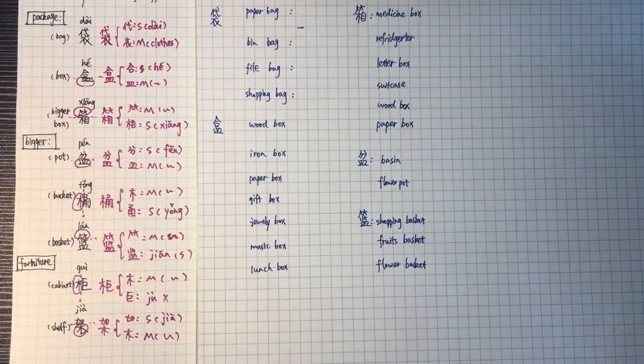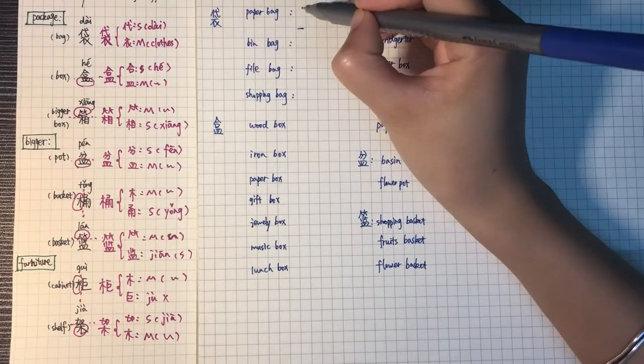So now we are moving on. I will just write it real quick, and we'll talk about the sound radical a little bit. Okay, so paperback, 纸袋.